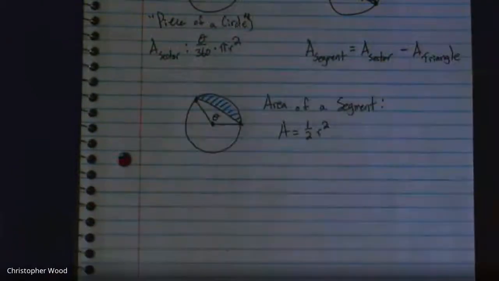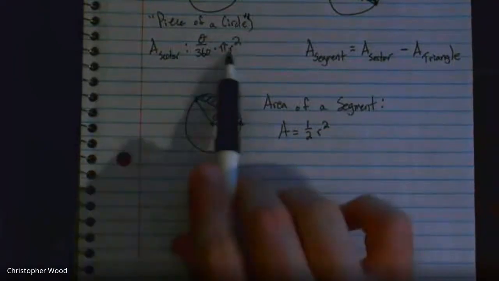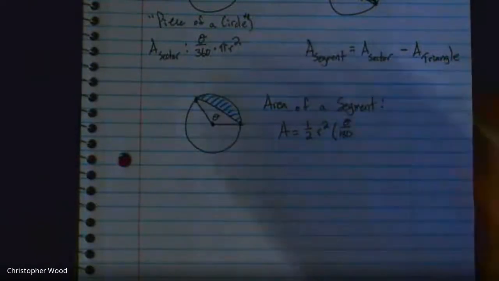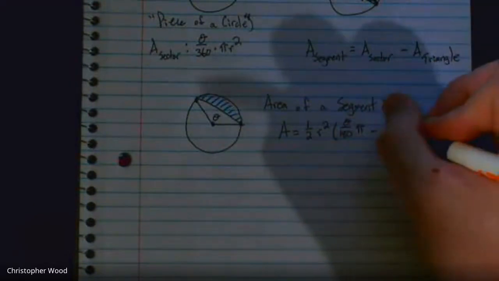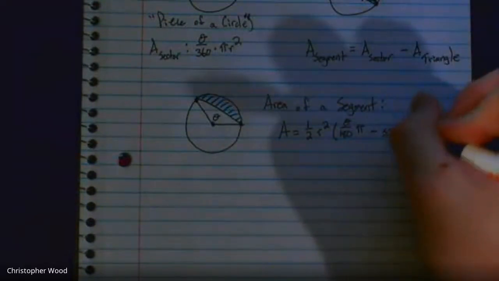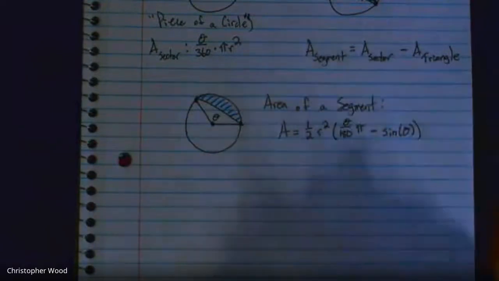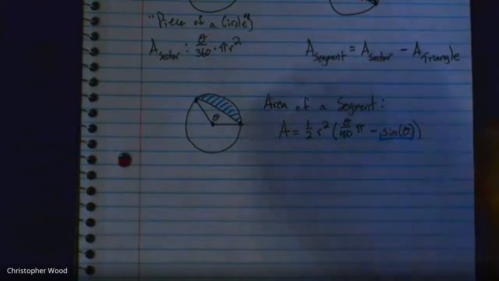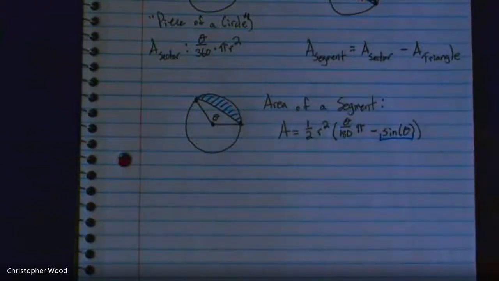So the area of a segment is 1/2 r squared, okay, so there's the r squared from here, times, in parentheses, theta over 180 pi minus sine of theta. This piece right here, the sine of theta, that's going to be a little bit confusing as to where that comes from.